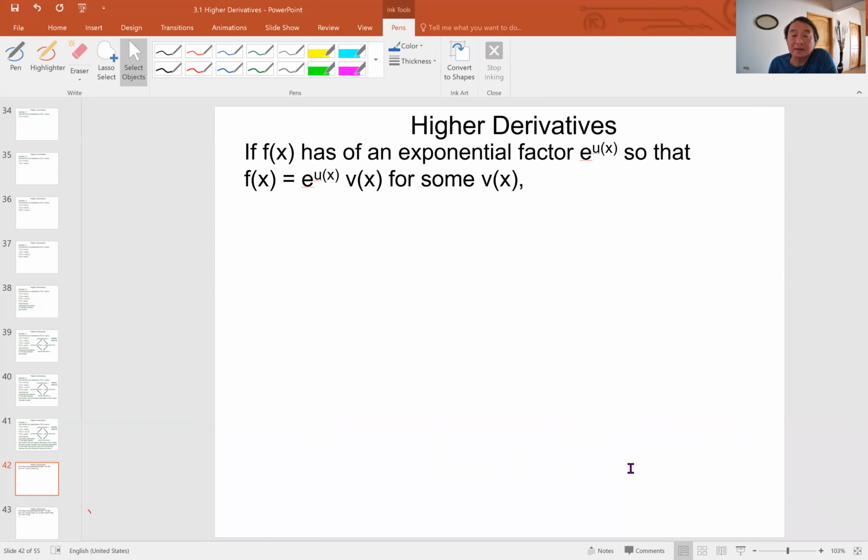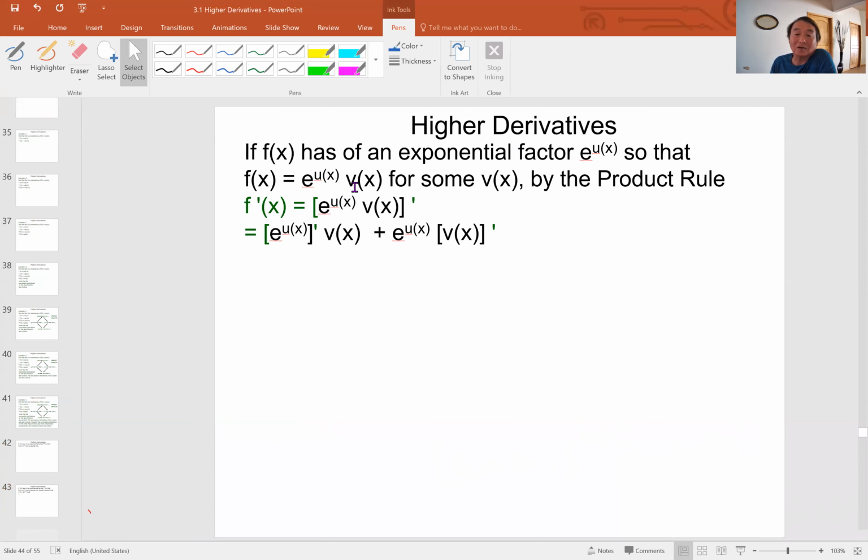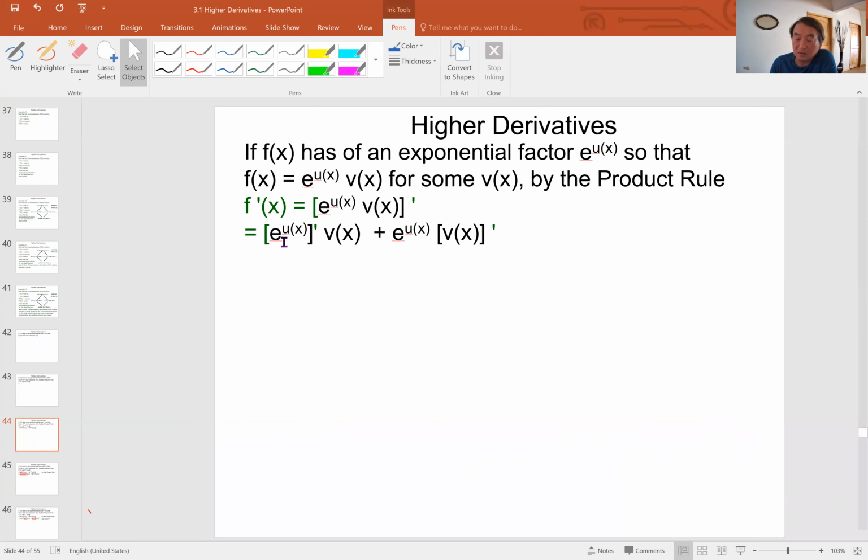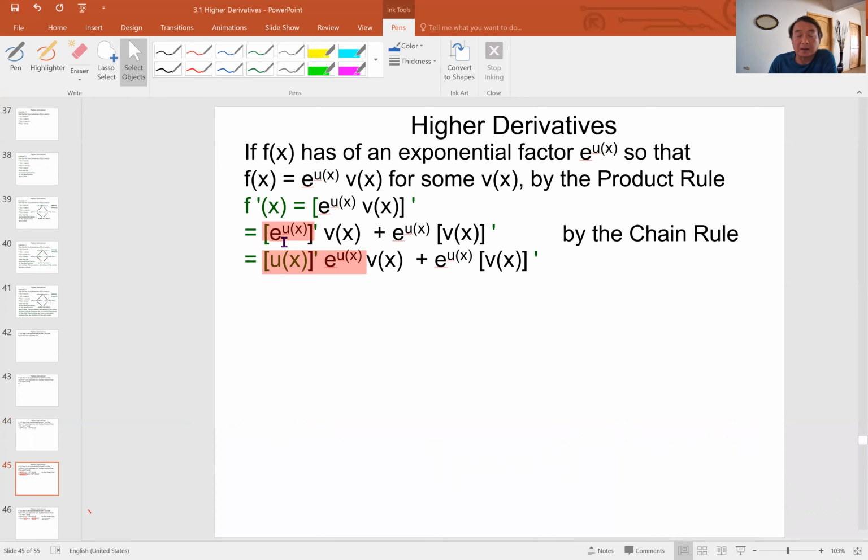Finally, if your formula has an exponential factor, like e to the u of x times some other formula, then when we use the product rule, because the derivative of e to the u has itself in it using the chain rule, that factor e to the u comes back.